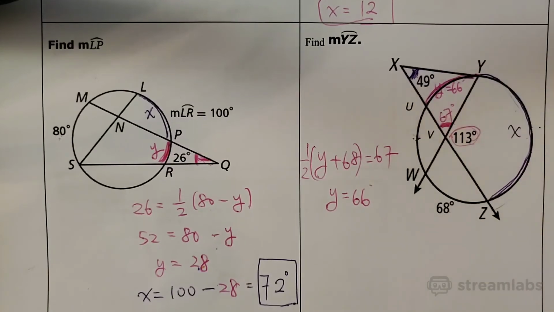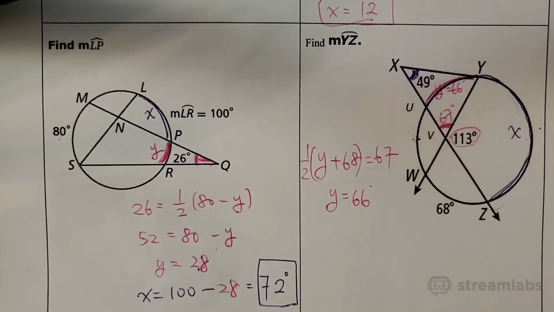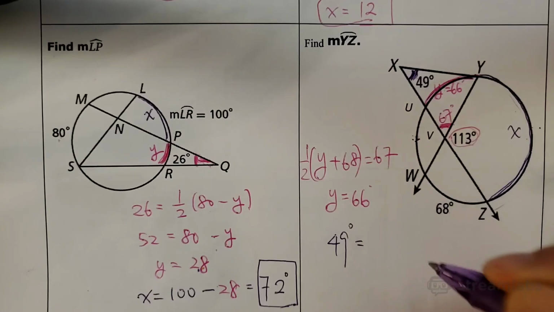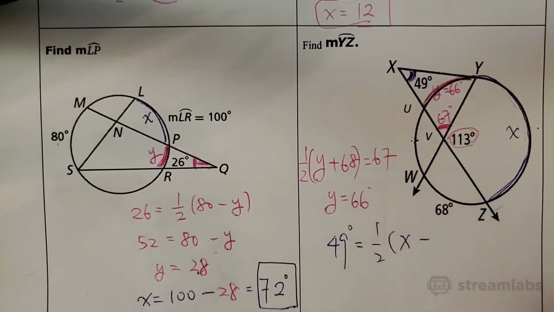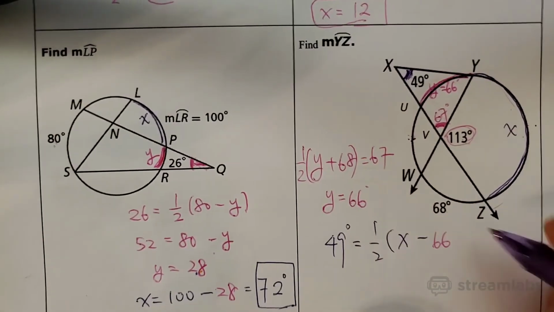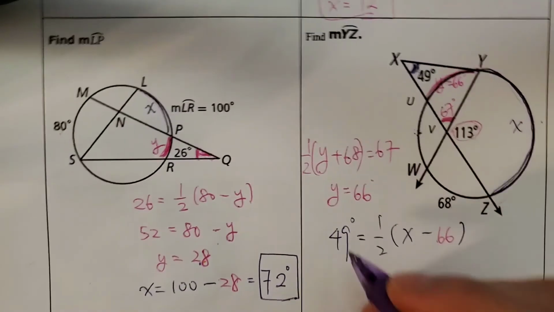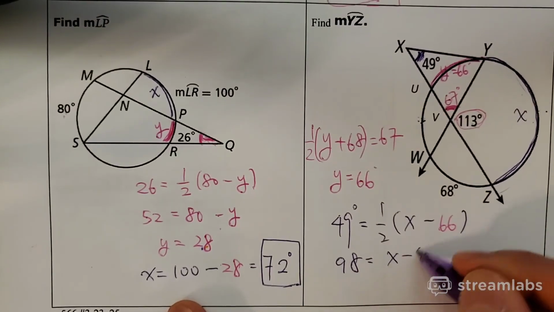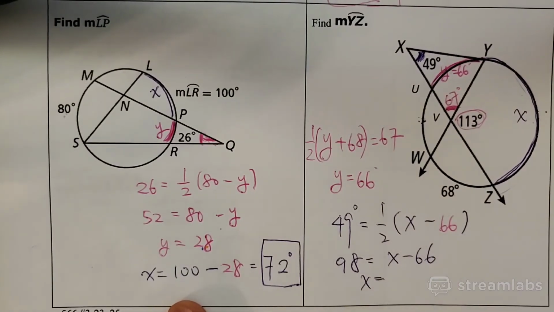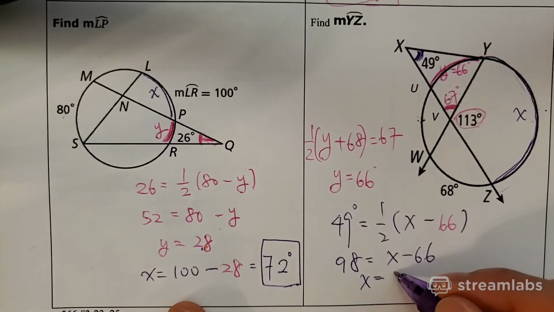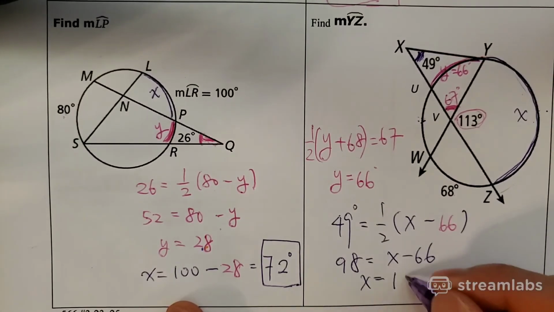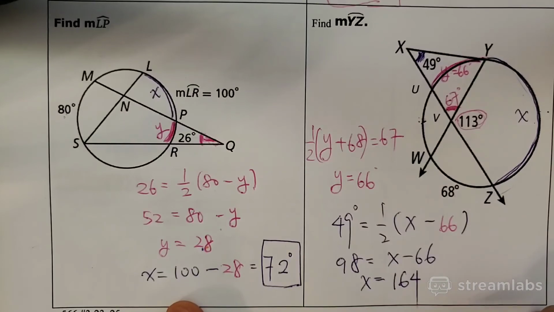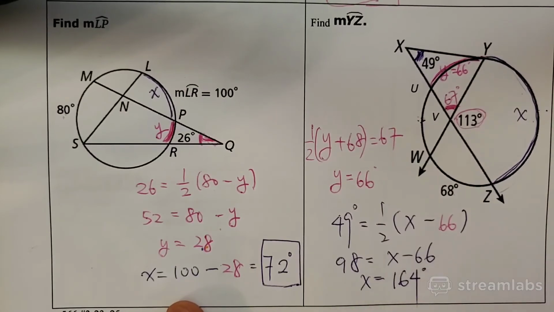Outside angle, right? Outside angle is equal to half of large minus small. Okay, so outside angle equal half large minus small, which is 66. So you can find, so times 2 over 98 equals x minus 66. So x turns out to be 164.